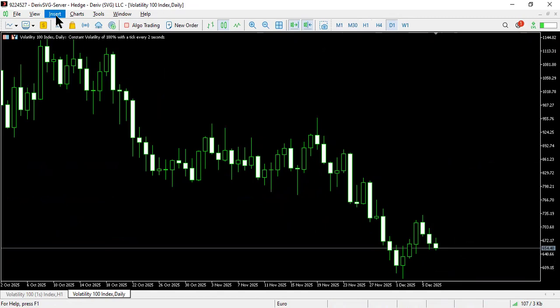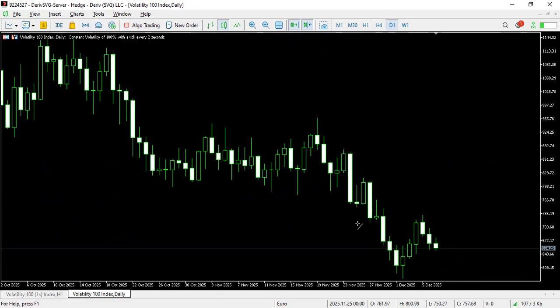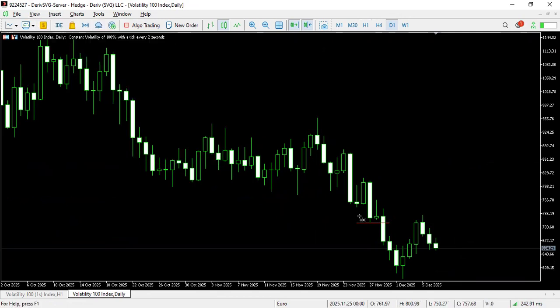And then from the daily time frame, we can see this is the recent break of structure to the downside.